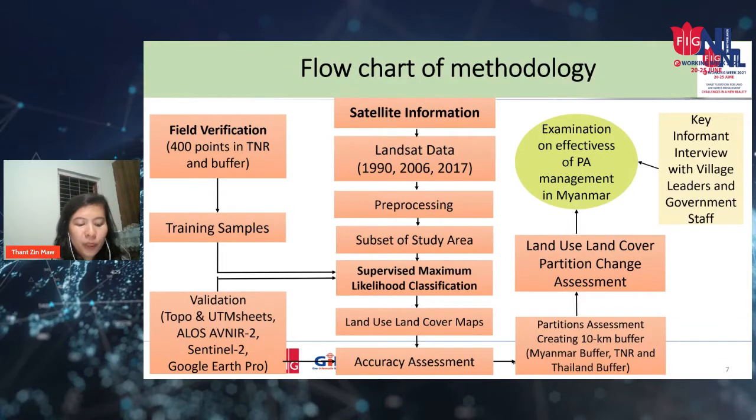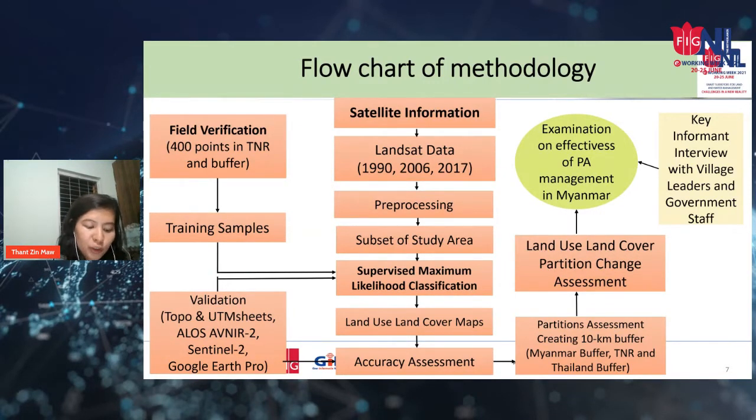To achieve the two main objectives, remote sensing techniques and key informant interviews were both integrated. Firstly, forest cover assessment was carried out for three separate periods to compare the situation before and after protection.